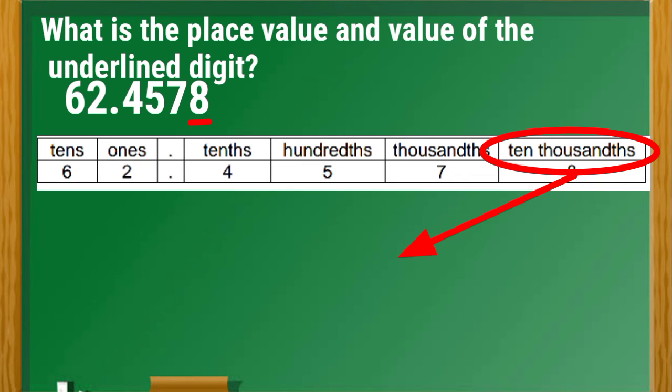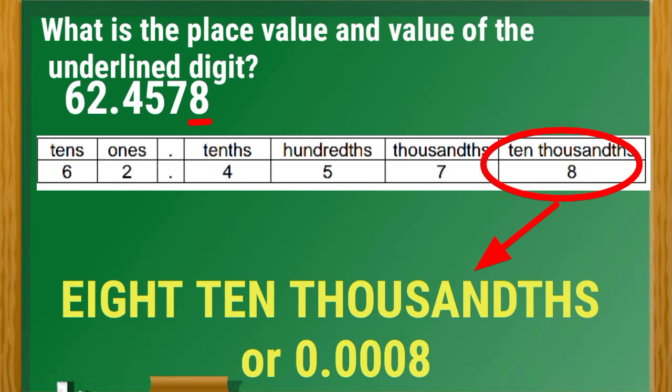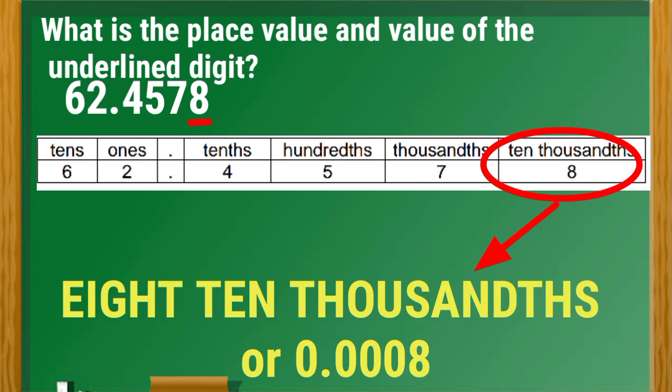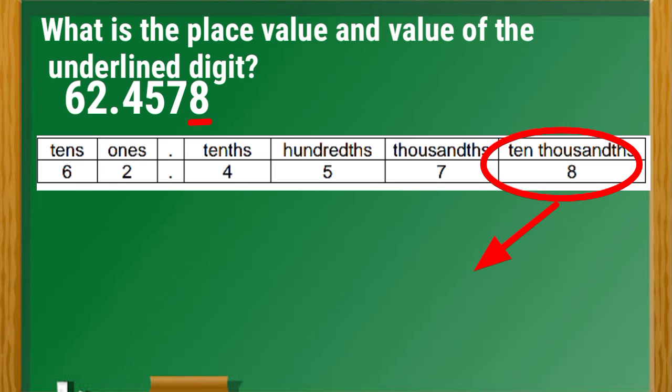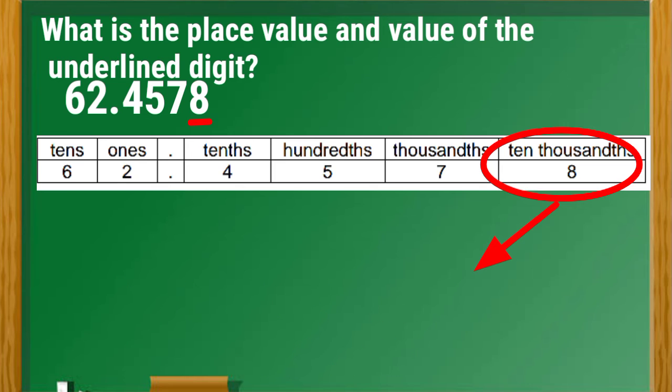Since the place value of digit 8 is 10,000ths, the value of it is 8 10,000ths, or can be written as 0.0008. Why did it happen? Remember that you have been asked only the value of 8.